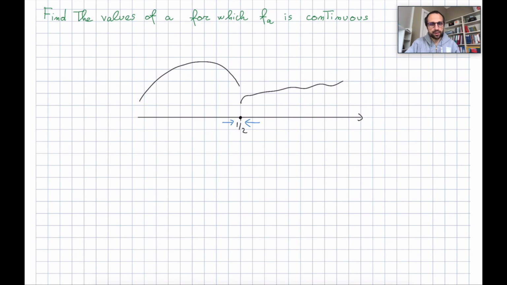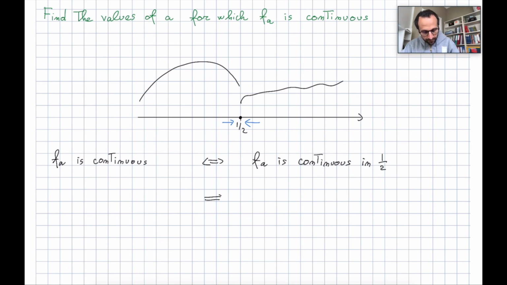Okay, so now let's try to write this argument precisely. We have that f_a is continuous, and if I don't write where, it means over the whole domain of f_a, so over the real line, if and only if f_a is continuous in 1/2, if and only if. As I said before, the continuity in 1/2 means that these two limits have to coincide, and they have to coincide with the value in 1/2.